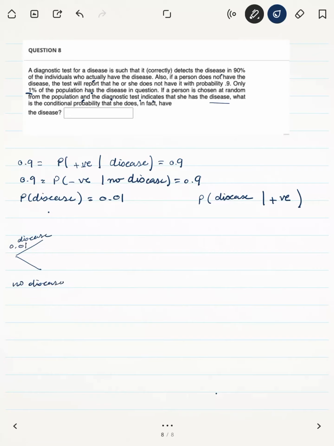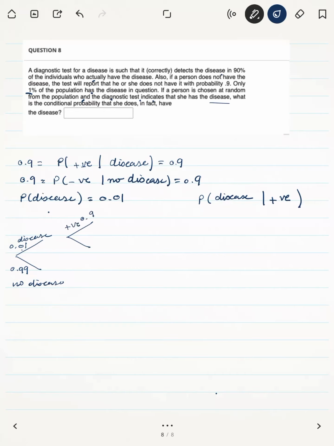Disease, only 0.01, and the rest is going to be 0.99. When you draw the tree diagram, what you put here at the very beginning is going to be the marginal probability, while what you put next is going to be a conditional probability on what you have at the beginning. So 0.01 here, and then I have here 0.9.